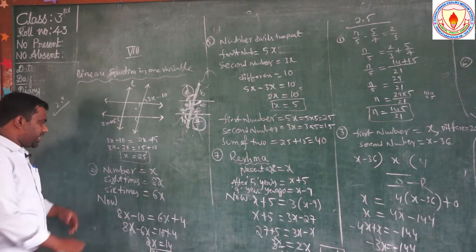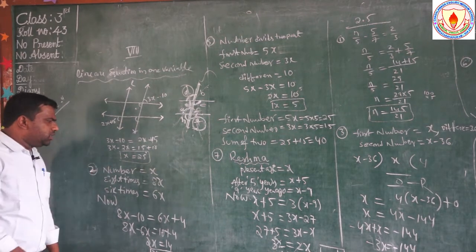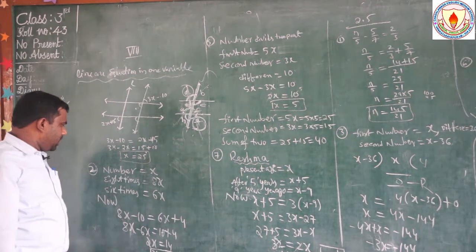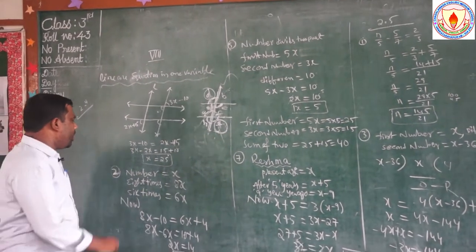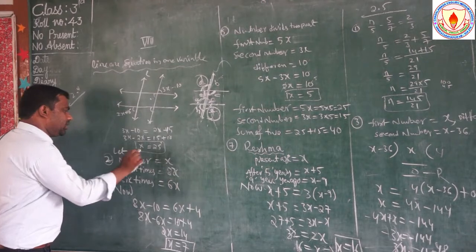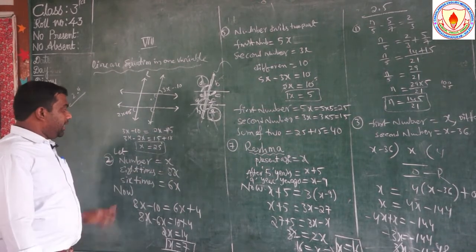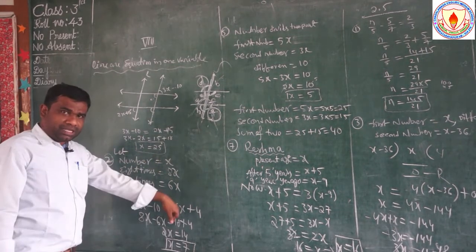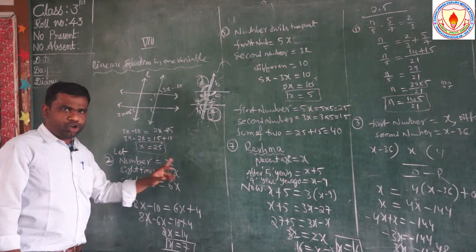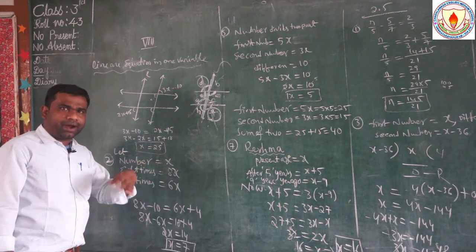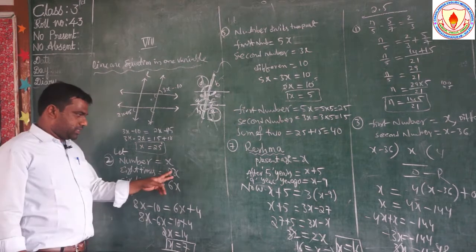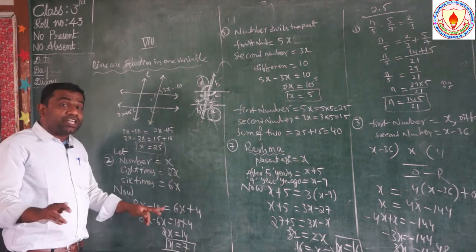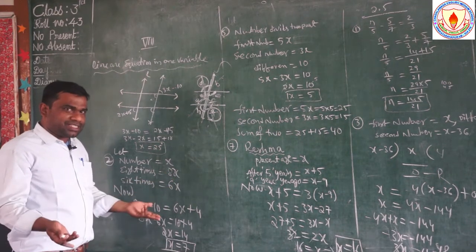Next, second problem. Here we don't know the number, so you have to think, let the number be x. 8 times of that number means 8x. 6 times of the number means 6x.